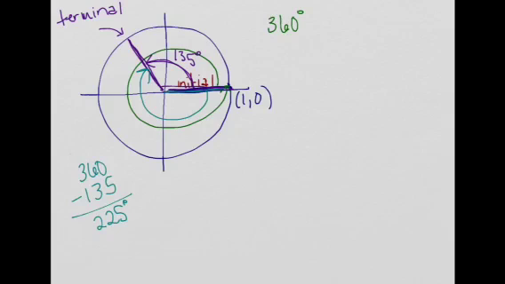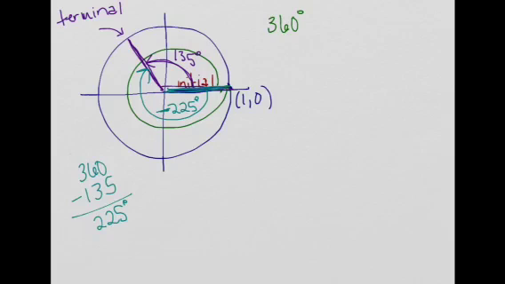Okay? Now, key is this angle, again, is a negative angle because of the direction. So that is a negative 225 degrees. Okay? Always starting from this side. Positive if you go counterclockwise. Negative if you go clockwise.